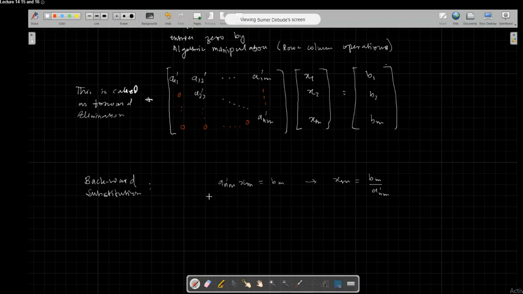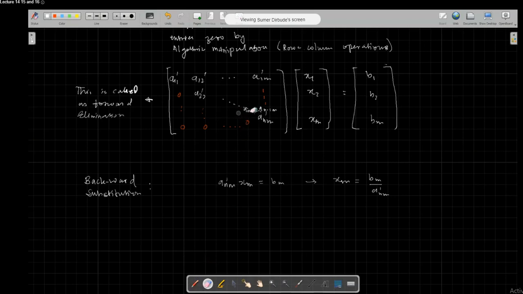Next, the equation just before this will have a n minus 1 m, a n minus 1 m minus 1, and a n minus 1 m minus 2. The term in the second equation is already gone to 0, so this term is not there.